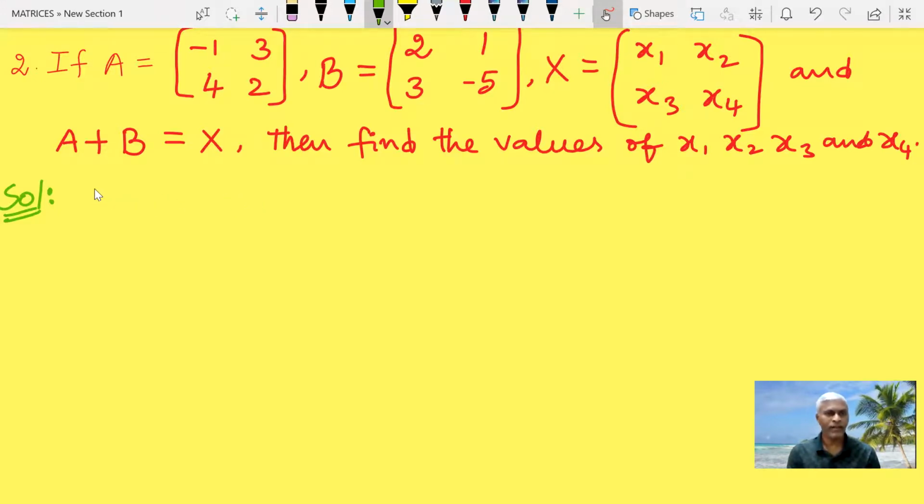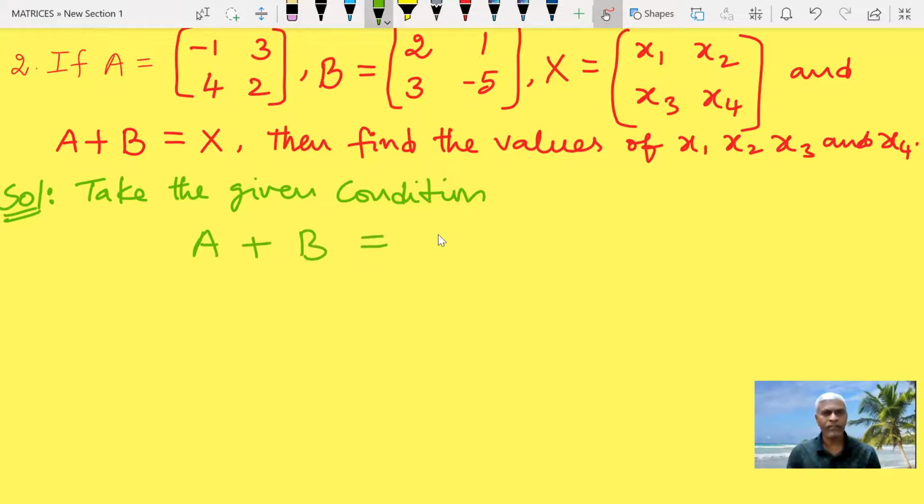Now take the given condition: A plus B is equal to X. Now write what is A, -1, 3, 4, 2.